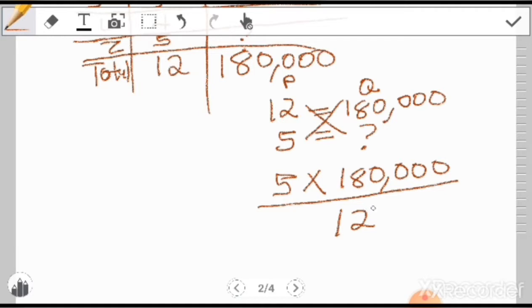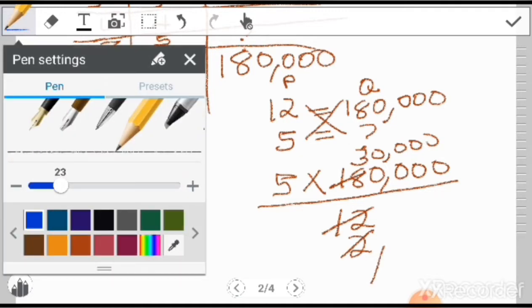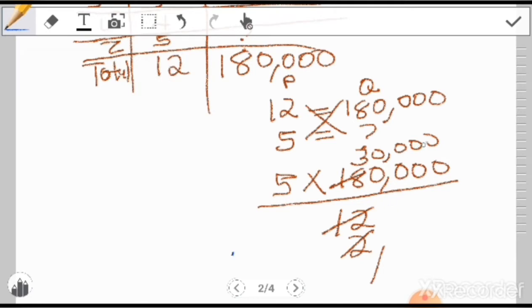Simplify by 6, 2, by 6, 3, 0, by 2, 1, by 2, we get 15,000.